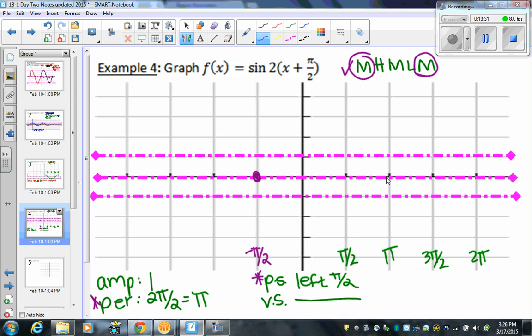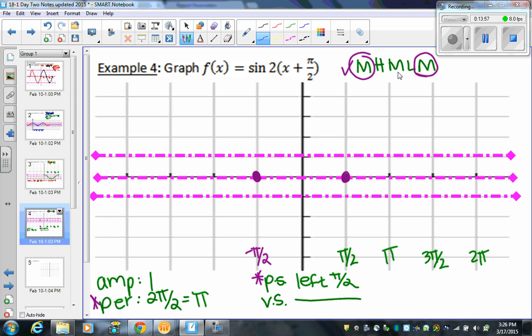But I don't put my last midline point right here at pi on the midline because I've started left pi over 2 units. So I want to go 2 spaces from where I started. 2 spaces from where I started would put my last midline point here at pi over 2.